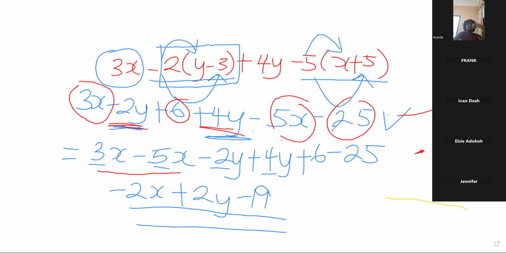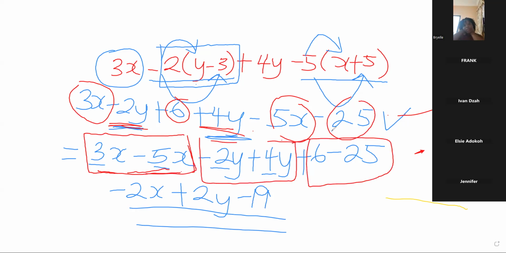So now I'm going to simplify like terms. Don't forget, you can only subtract like terms. So 3x minus 5x is what you can solve. And if you are solving that, it means that you subtract their coefficients and then replace it with one of the variables. So now 3 minus 5 is negative 2.